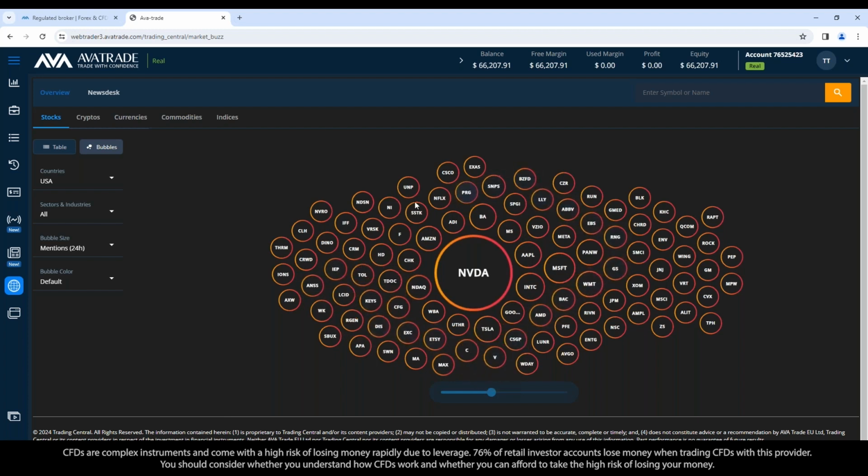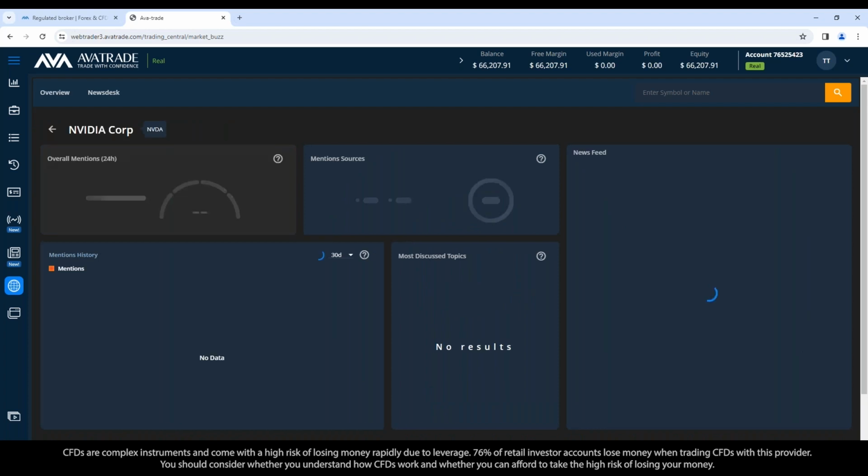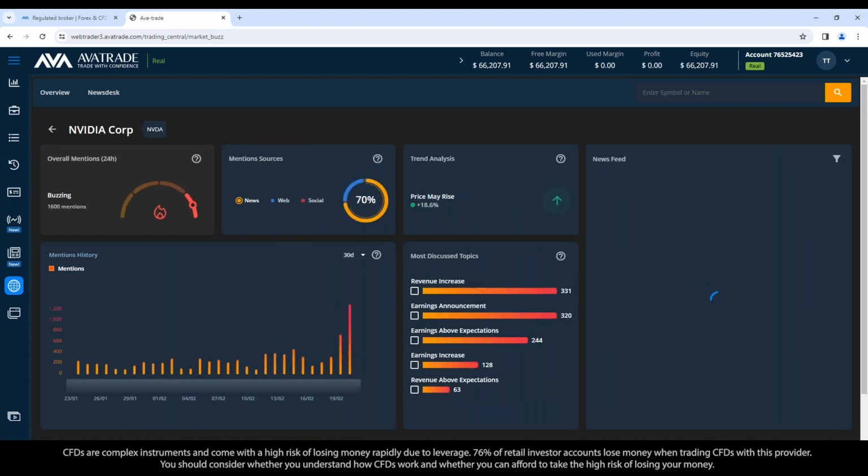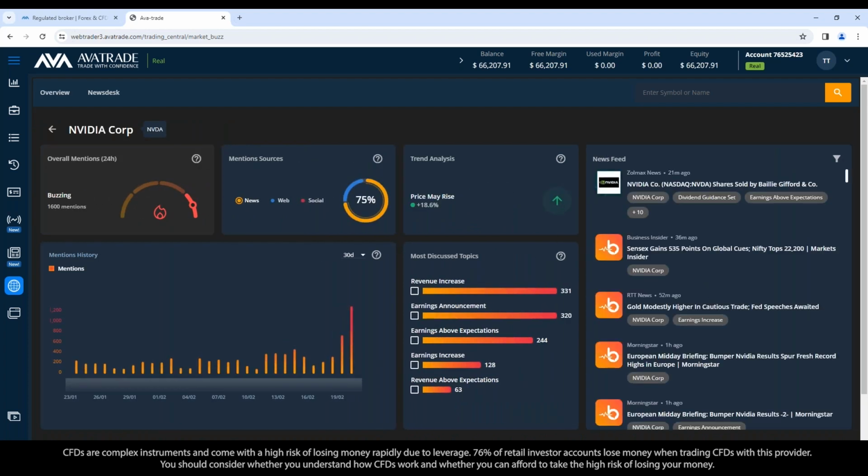They're all in a different class compared to NVIDIA, which is trending the most. 1,600 mentions recently online. These others are 57, 27, Microsoft 210, NVIDIA 1,600 mentions. So when the market opens in the US, I expect NVIDIA to have a huge amount of movement. Which direction? We don't know for sure, but it seems to be positive news that came in for NVIDIA with their earnings numbers being so solid.